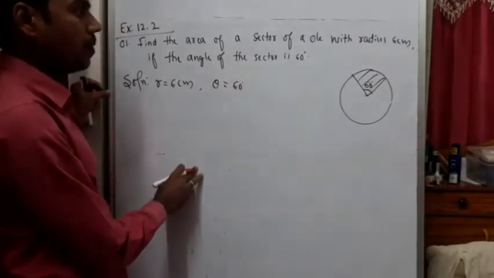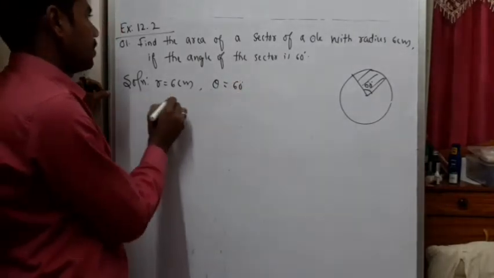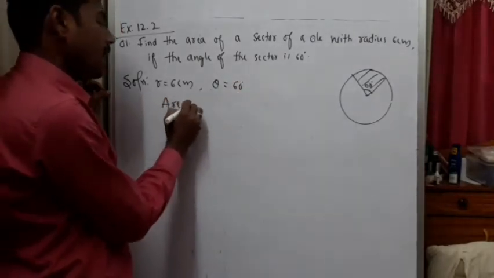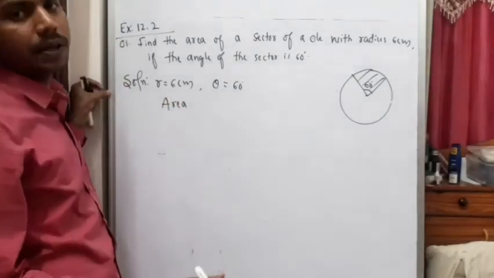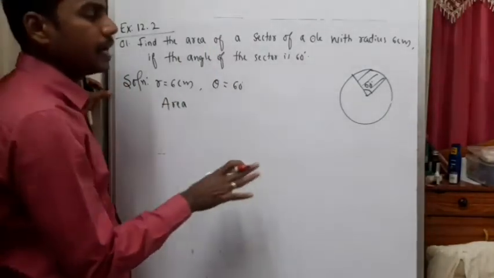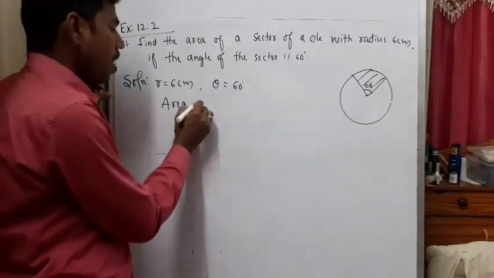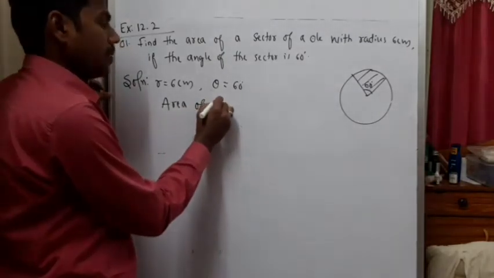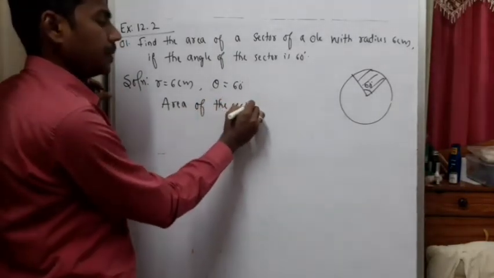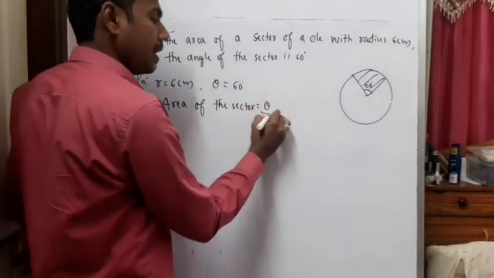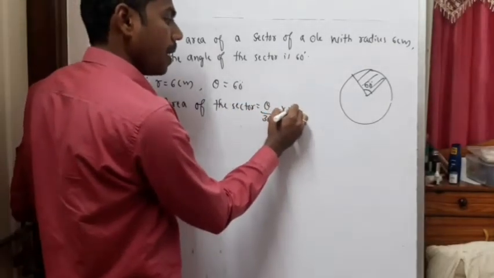What is the formula to find the area of the sector? Already I told you, if they do not mention minor or major, you consider it as minor itself. Area of the sector is equal to theta divided by 360 into pi r square.